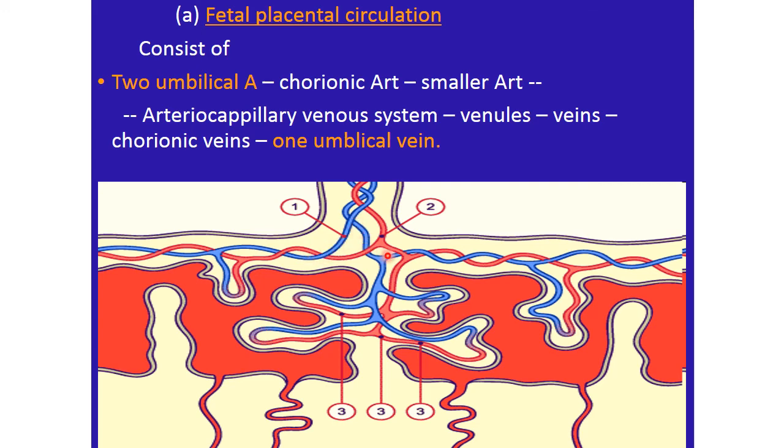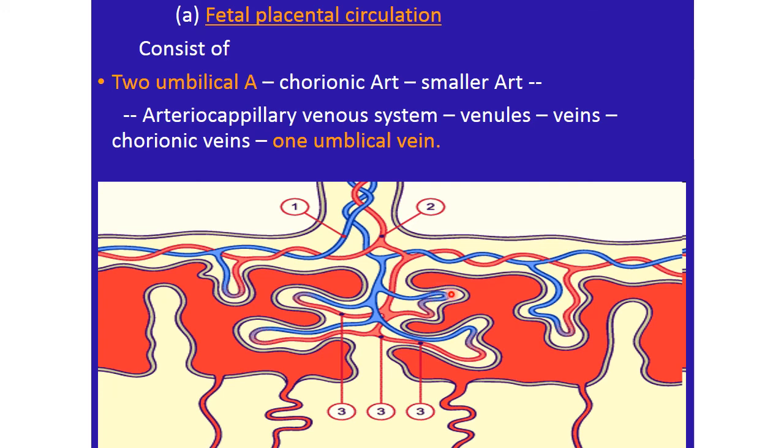As they are carrying the deoxygenated blood from the fetus, they are labeled as the blue ones, and they go on dividing into smaller and smaller arteries, ultimately forming the arteriocapillary venous system in the core of the free villi or the floating villi.